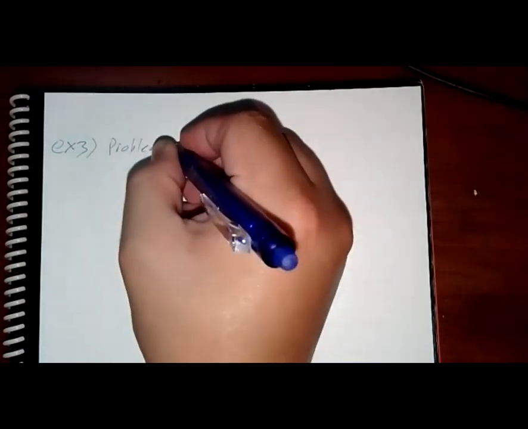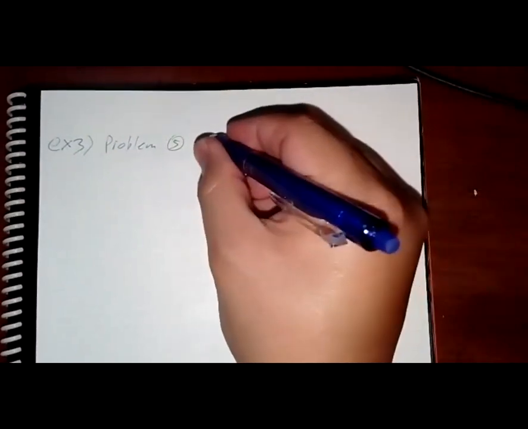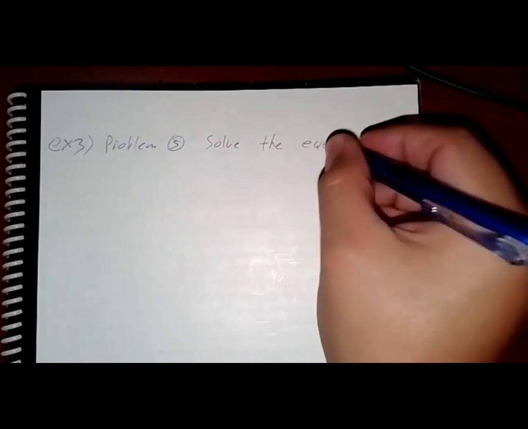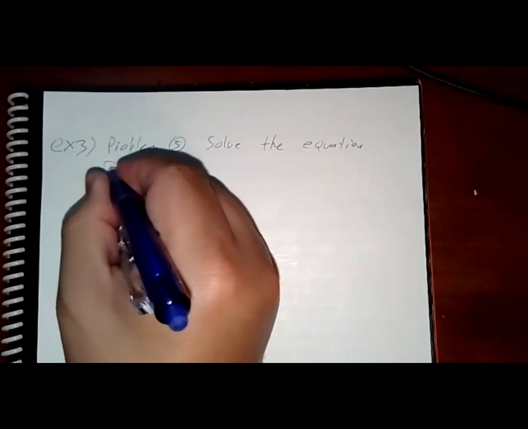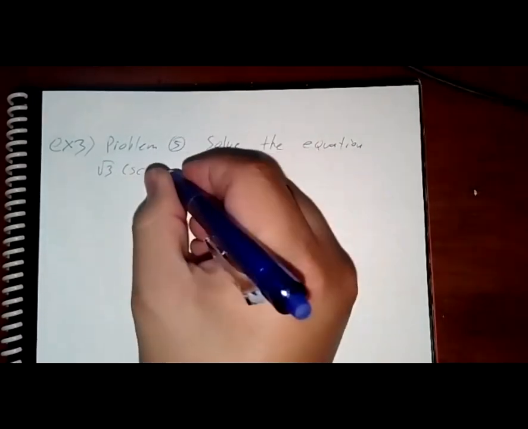Number 5. So this is example 3, problem 5 from your homework. Solve the equation square root 3 cosecant x minus 2 equals 0.